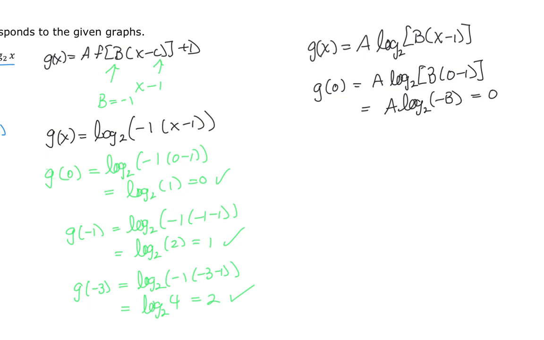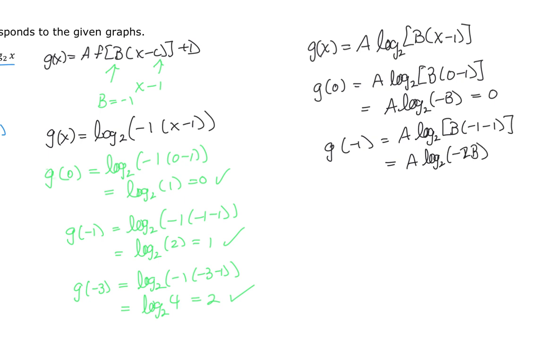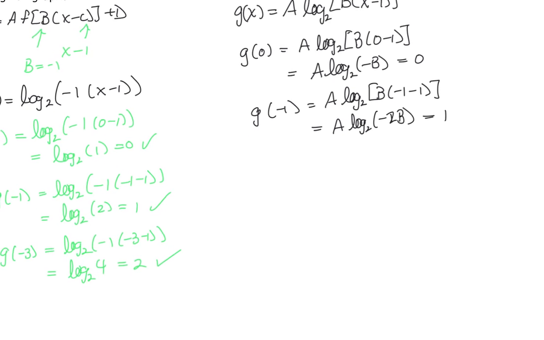I would do g of negative 1, which is a, the log base 2 of b times negative 1 minus 1, which is a, the log base 2 of negative 2b, and I'd set that equal to 1.